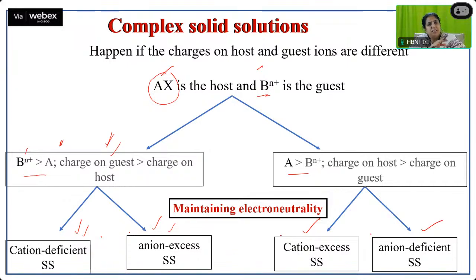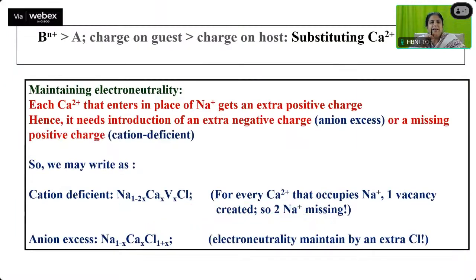I will have to study this experimentally. This also comes by experience, but for somebody who's new, he has to establish it experimentally. Okay, so let us take an example of all these four cases.